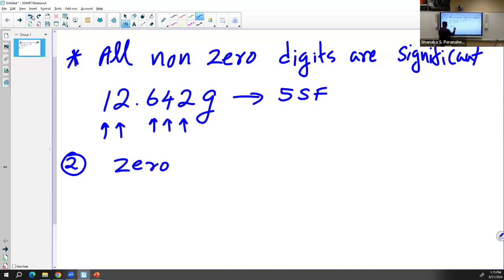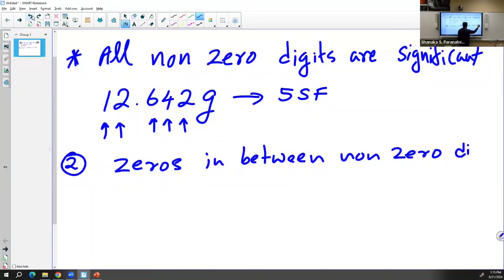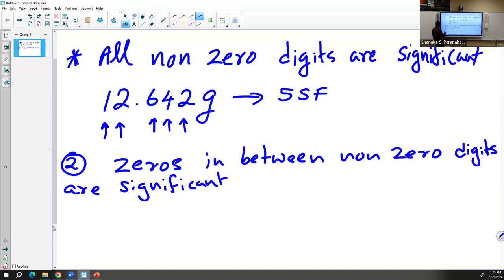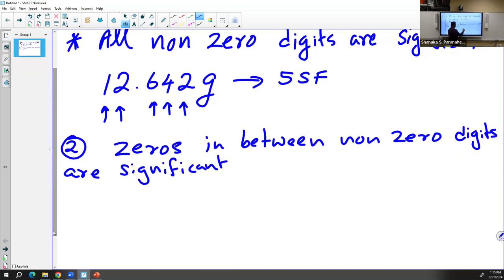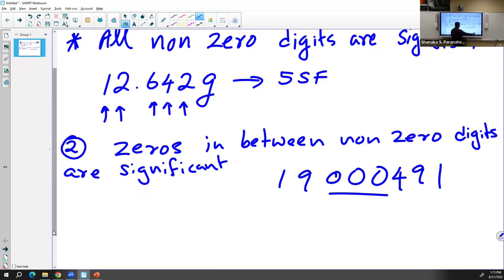Second one: zeros in between non-zero digits are significant. So as an example, there are 3 zeros in between non-zero digits.